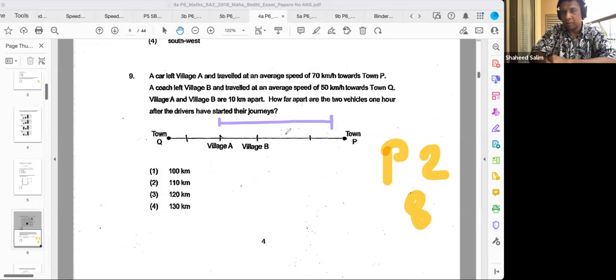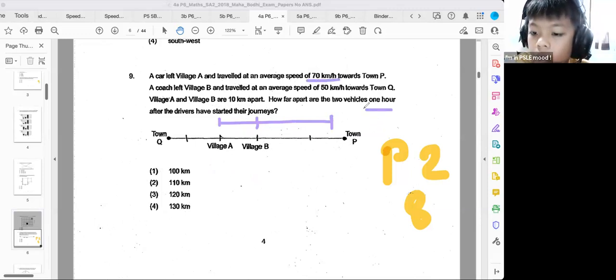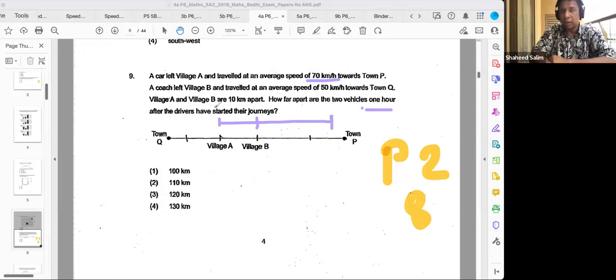So down here now will be total 70. Why? Because it can travel 70 km in 1 hour. So they want to know in 1 hour how far. So it will be 70 km. 10 plus 60, because 10 plus 60 is 70. This must be 10. Okay.